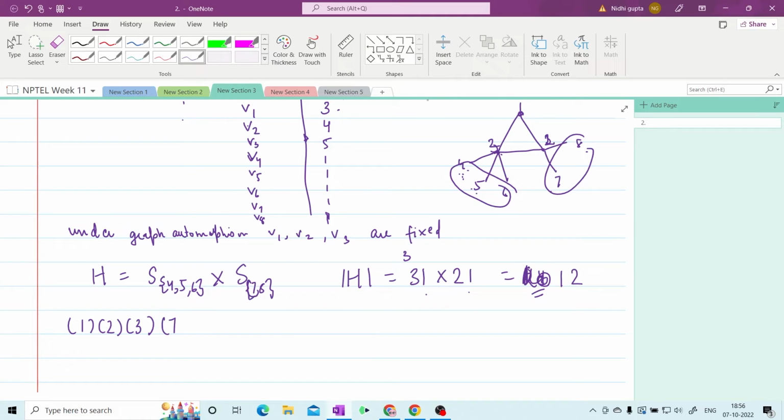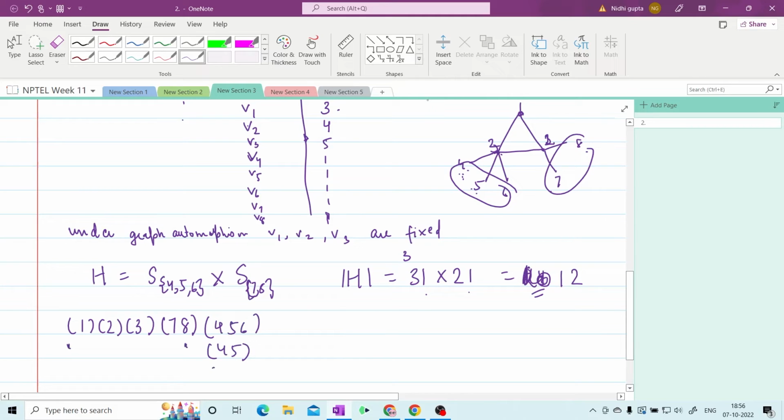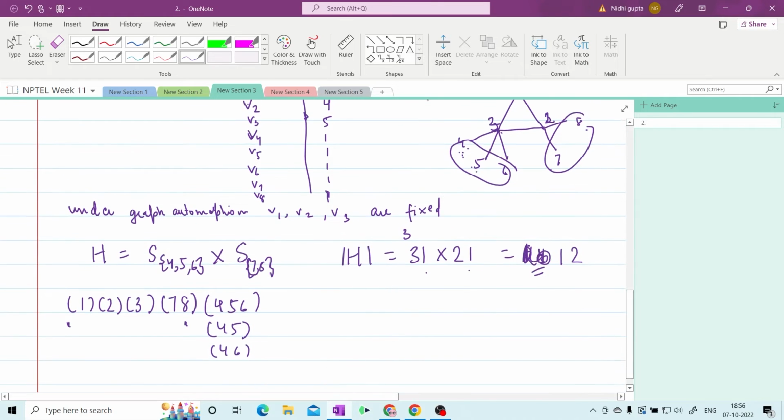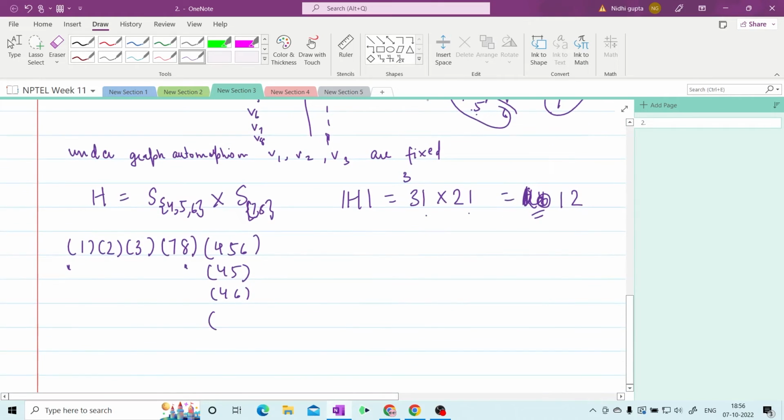So let's first take the case when 7, 8 are swapped. Then we can list down all the permutations on 4, 5, 6. So we have that this is the group of permutations: 4, 5, 6, this is the same; 4, 5; 4, 6; then 4, 6, 5, and the identity. How many are they? 1, 2, 3, 4, 5.